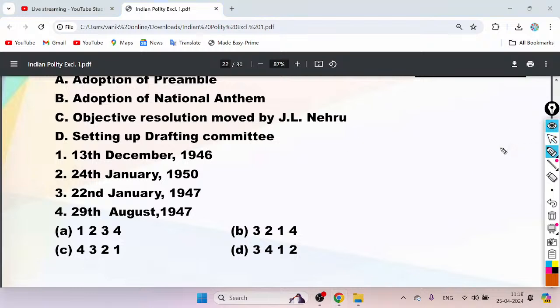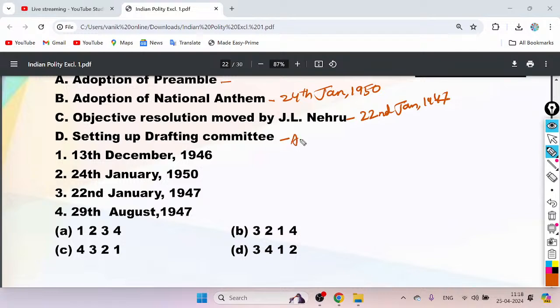Adoption of national anthem is 24th January 1950. Objective resolution 22nd January 1947.